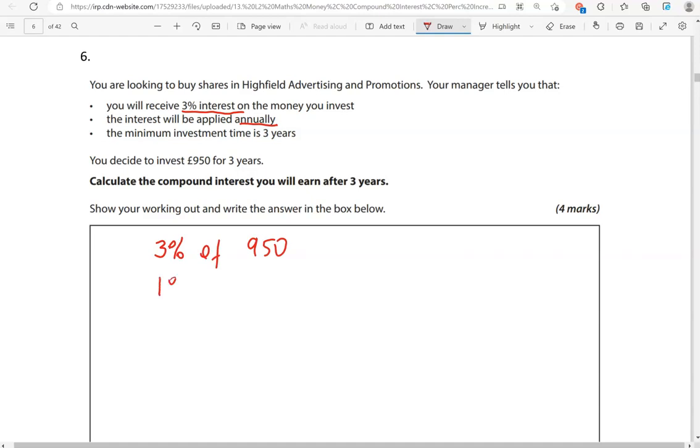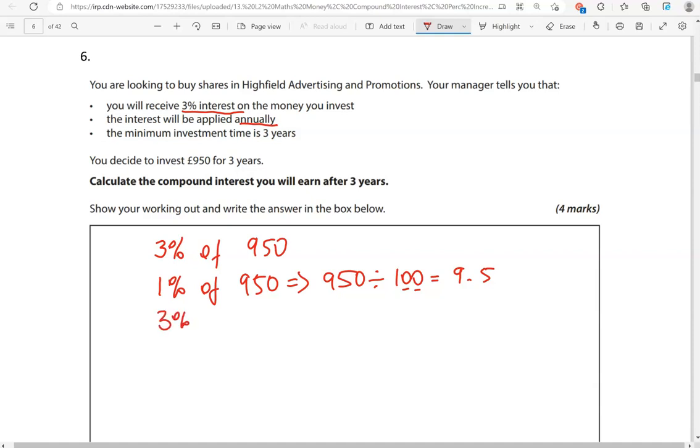So we'll use the 1% method. 950 divided by 100 will give us 9.5. So you move the decimal point 2 places to the left to make this number smaller.